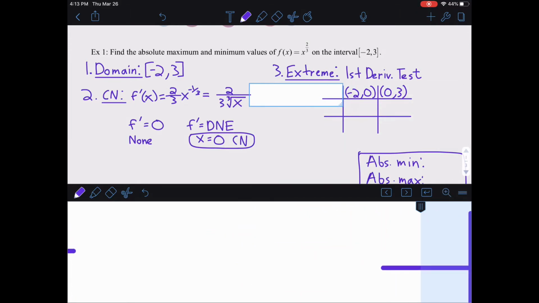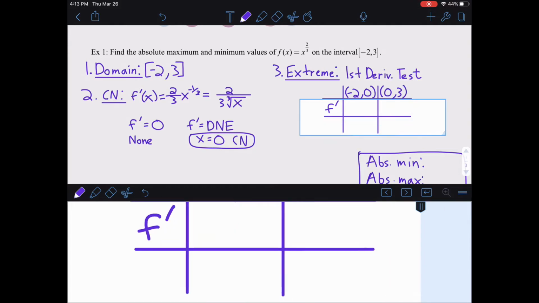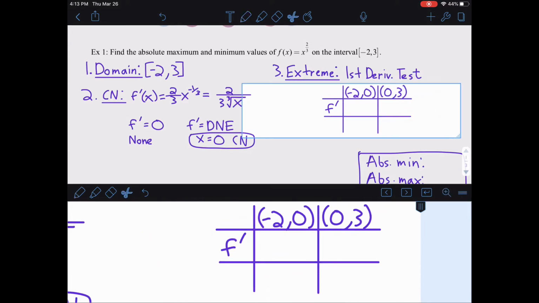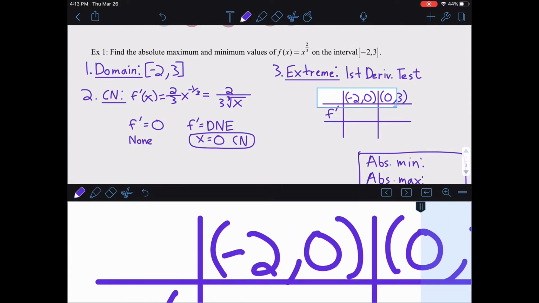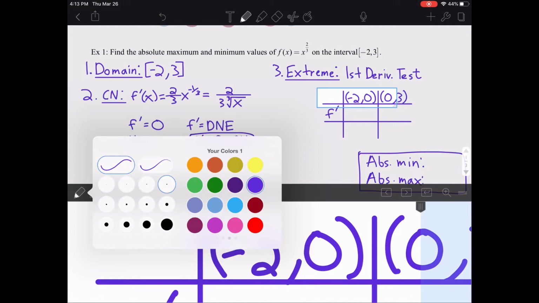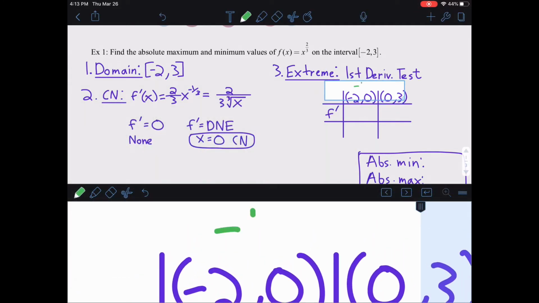Okay, so I make a little table here, and now I'm going to label f prime. All right, so my first interval is -2 to 0. I'm going to pick any x value between -2 and 0. It doesn't matter, it can be a whole number, integer, decimal, as long as it's in that interval. So I'm going to pick -1.